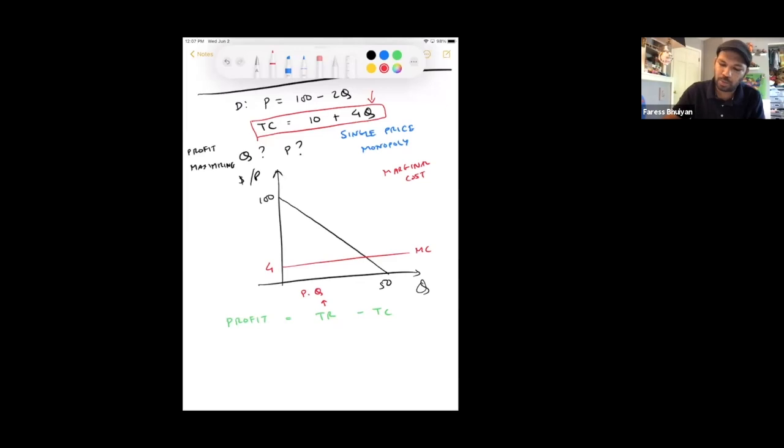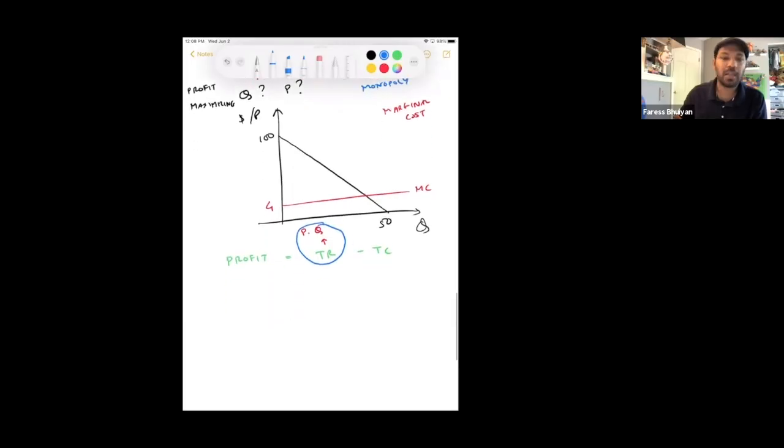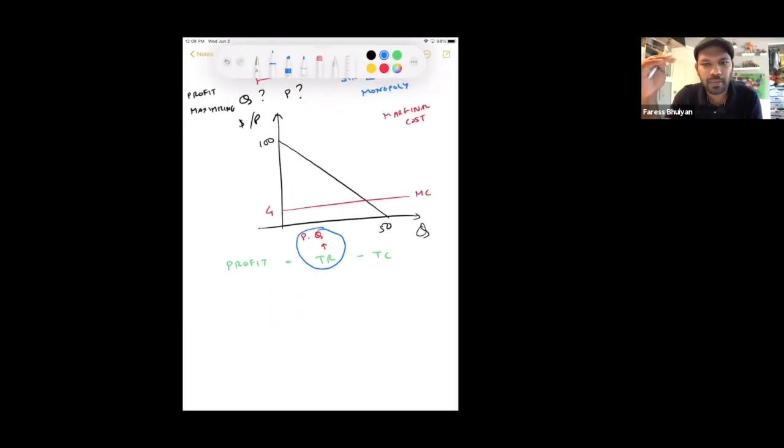So what we are going to now do is spend the next 10 minutes really focusing on marginal revenue. We know what total revenue is, P multiplied by Q. But we're going to spend a lot of time on what marginal revenue is. And for monopolists, it's a little bit interesting. It's not as straightforward as you'd imagine it to be. Is everybody clear as to where we are headed right now?